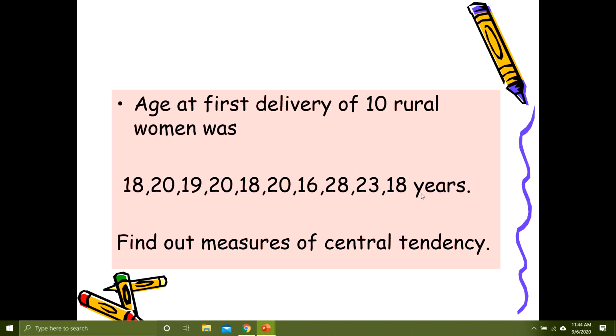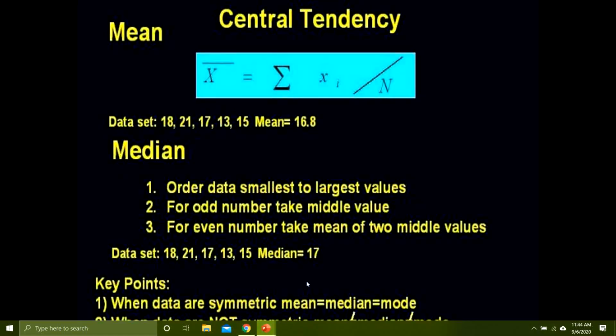You have to find out the measures of central tendency. This is your assignment 1. For this data set, you have to measure the values of central tendency. This is just the summarization of how we go about the mean, median, and mode.